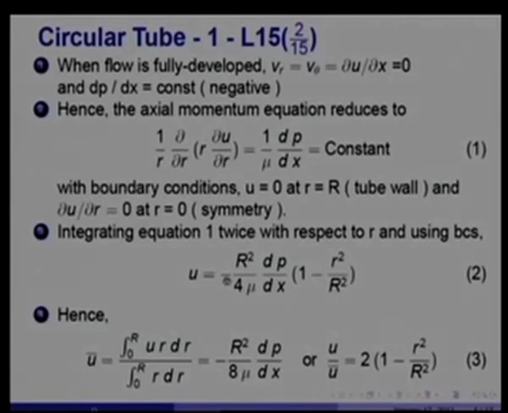Notice the negative sign here as well as here, which simply accounts for the fact that dp/dx now is of course negative, which gives us u over u bar equal 2 times (1 minus r squared by R squared), a very well known result that you will recall from your undergraduate days.